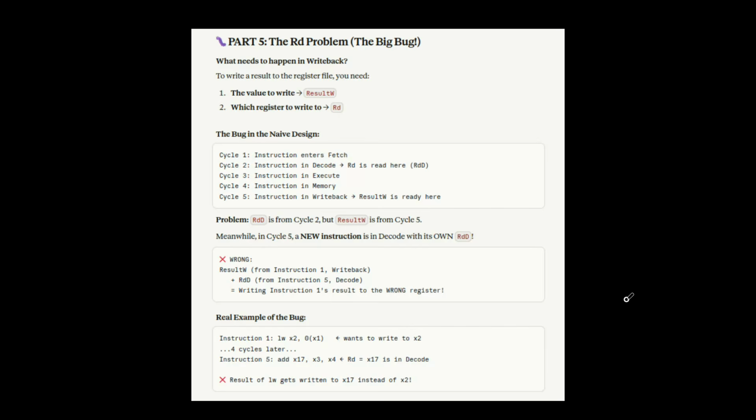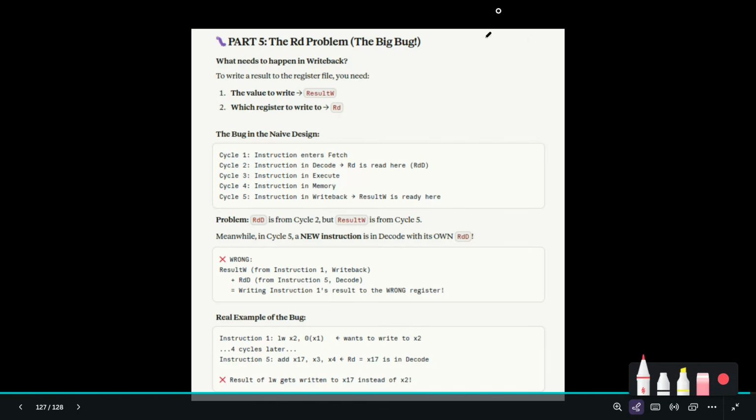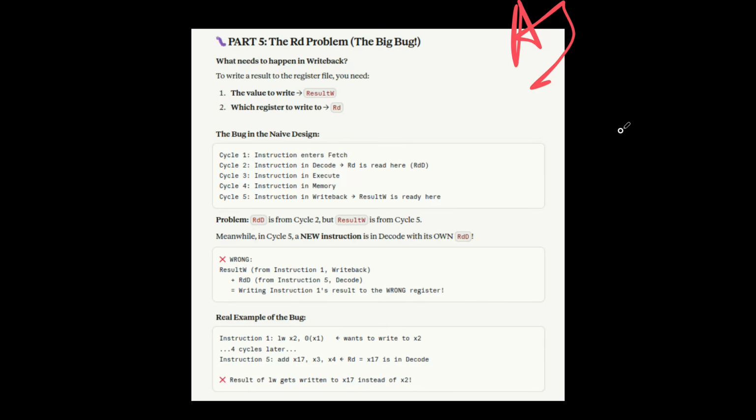You have understood that. So there is one problem, that is the RD problem. Let us understand what this RD problem means. What needs to happen in the write back?